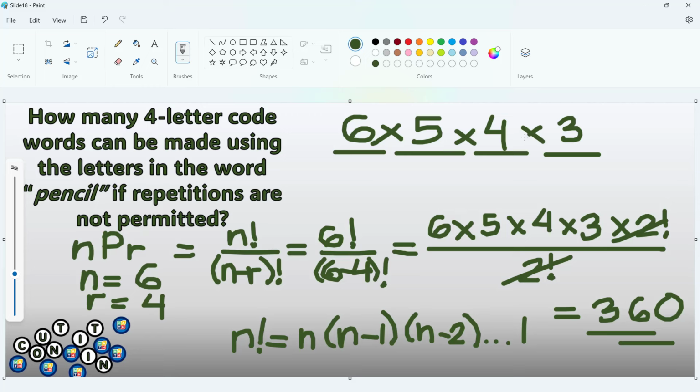Now, it's up to you which is easier for you, because this method, the fundamental counting principle, is just similar to this formula for our permutation, which yields the same result of 360 4-letter code words.